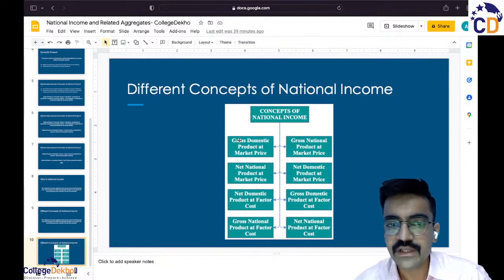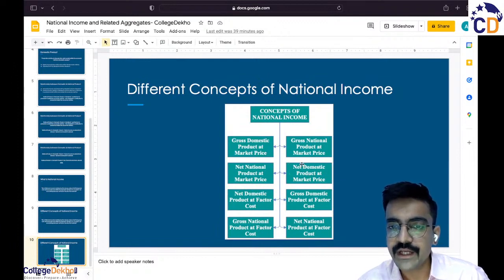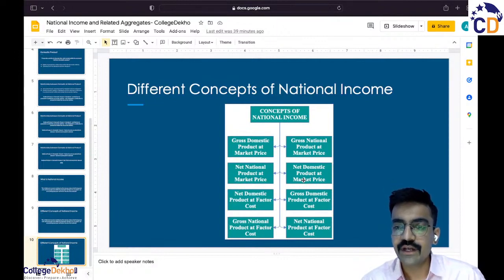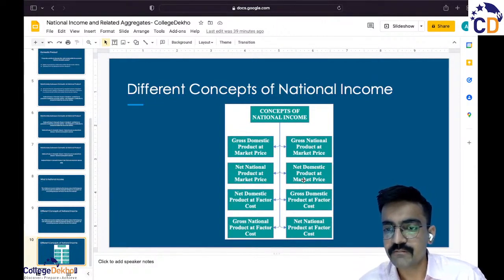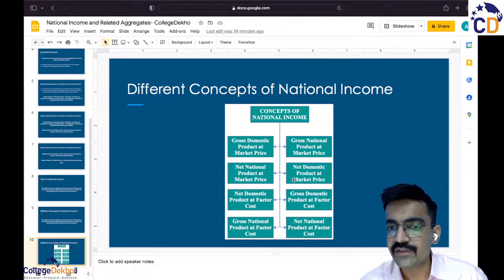And once you come to the NDP at MP, which is here, if you deduct the net indirect taxes, right? Just the indirect taxes, the subsidies are not included here. So where does the distinction between indirect taxes and subsidies come?